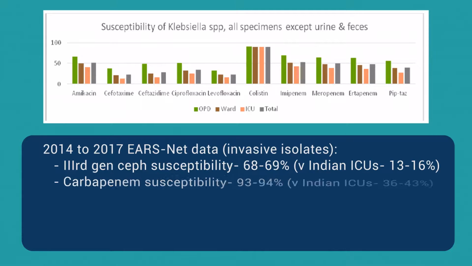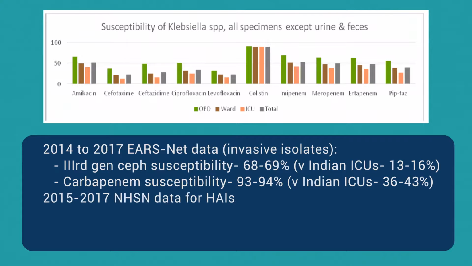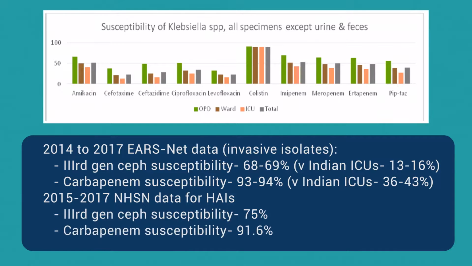And our carbapenem susceptibility to Klebsiella in the Indian ICUs is as low as 36 to 43%, whereas the European nations retain a susceptibility of 93 to 94%. The US figures are also quite similar to that of Europe. Third generation cephalosporin susceptibility is 75% and carbapenem susceptibility is 91.6%.